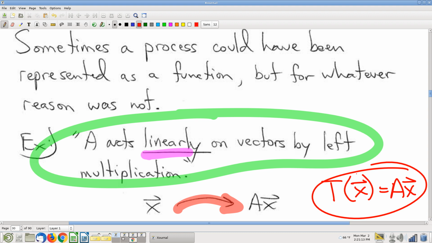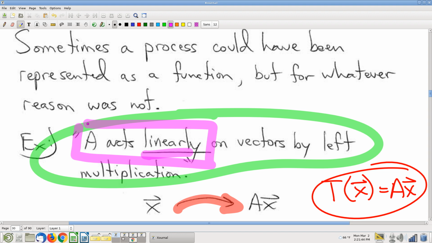So step 1, identify what is the function being referred to. Step 2, interpret from the usage of the term linear that the speaker is describing this function as being a linear transformation. Right? So that's all that is being said here. If we say matrices act linearly, and by the way, it'll sometimes be that succinct, people will say, a matrix acts linearly.